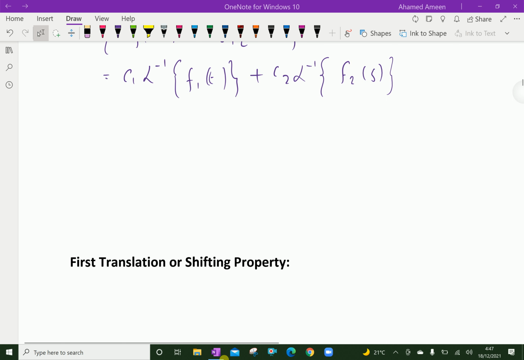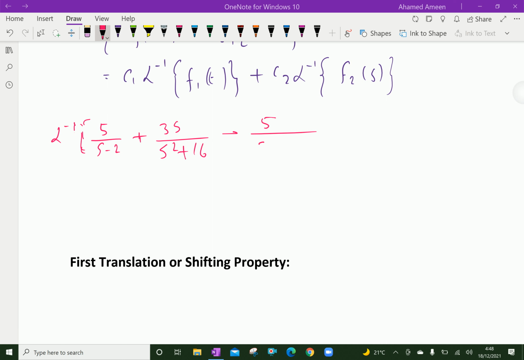Look here, for example, the inverse Laplace transform of 5 over s minus 2 plus 3s over s square plus 16 minus 5 over s square plus 4.